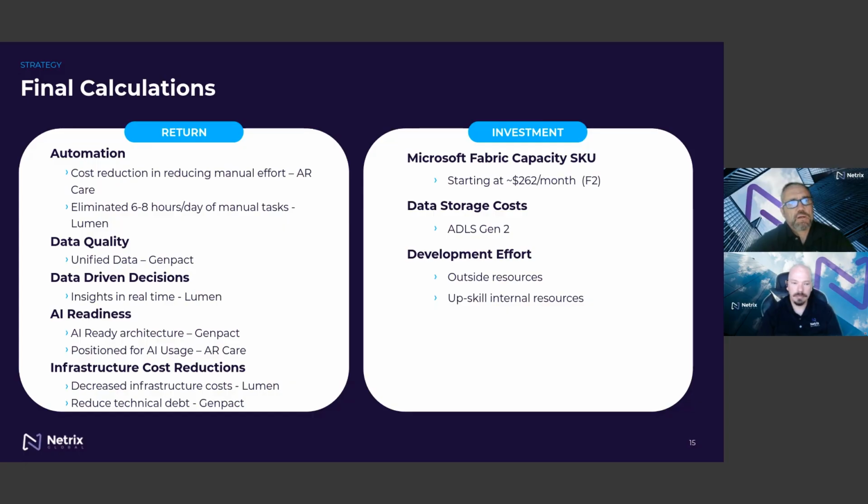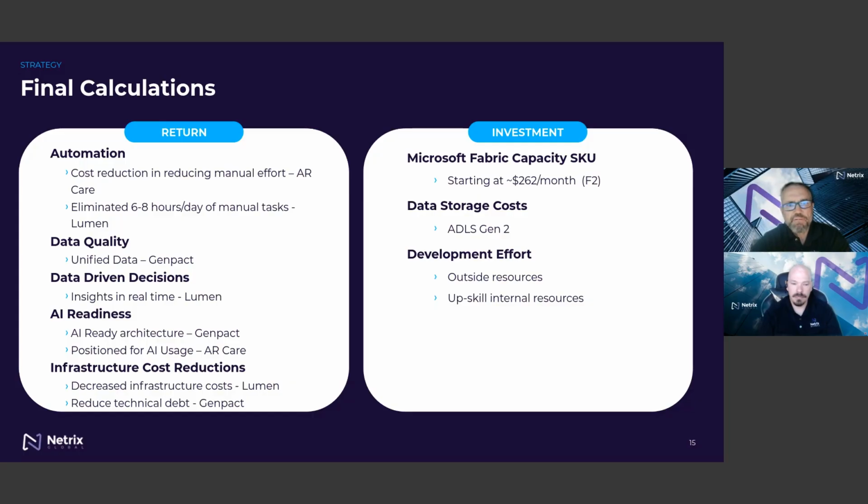On the cost side, all of these companies had to put significant investments into their projects, and we don't have the numbers specifically on those investments. But as you're starting to apply this to your own environment, here are some of the areas where you're going to need to make costing calculations and estimates in your environment.